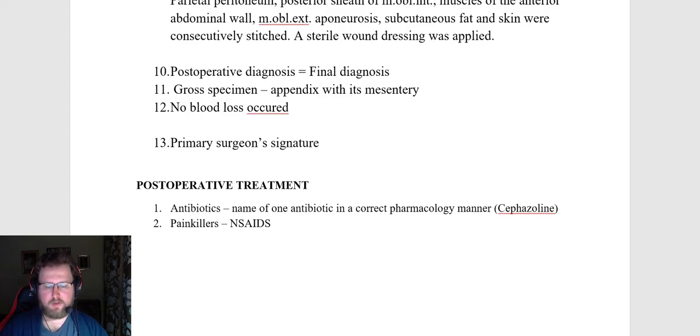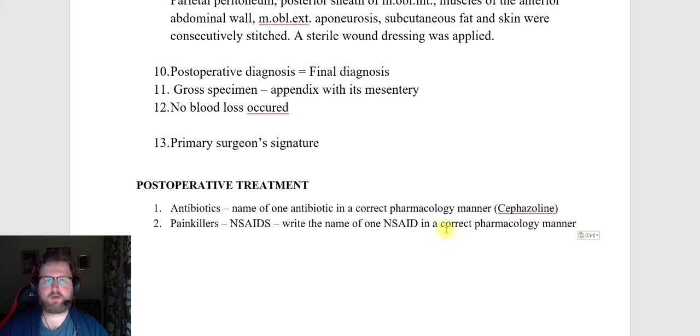So here you'll have to write down the name of one NSAID drug in a correct pharmacology manner.